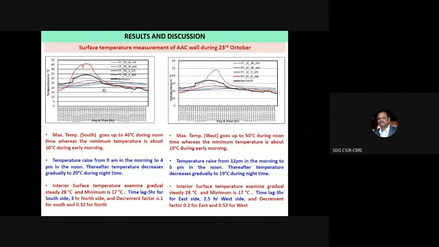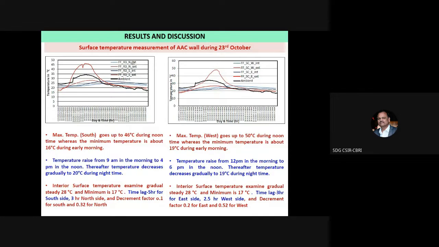Looking at the orientation of the building, the south side facing walls are subjected to more temperature than the ambient temperature, because it is a surface temperature, whereas on the north side and the internal temperatures are less. Considering the sun path during the daytime, the south side wall is subjected to more heat, or more solar radiation.